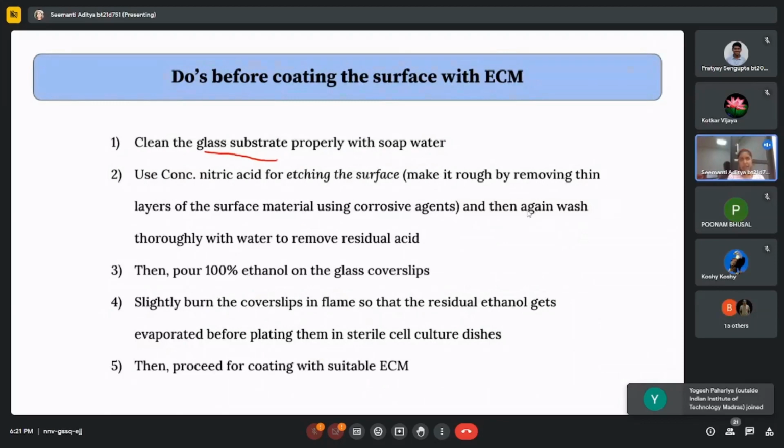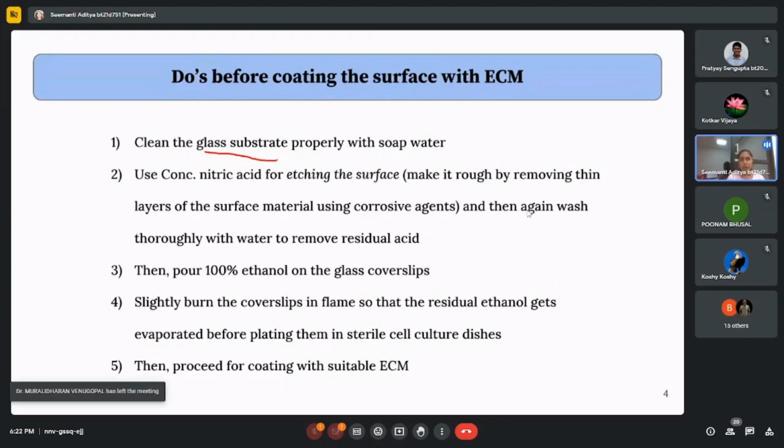The reason being, anything that we get commercially, even if they claim that it is cell culture grade, is not totally sterile. And before plating our cells and performing a cell culture in those glass cover slips or glass dishes, we have to make sure that everything is clean, and there should not be any interfering substances apart from the ECM and the cells.